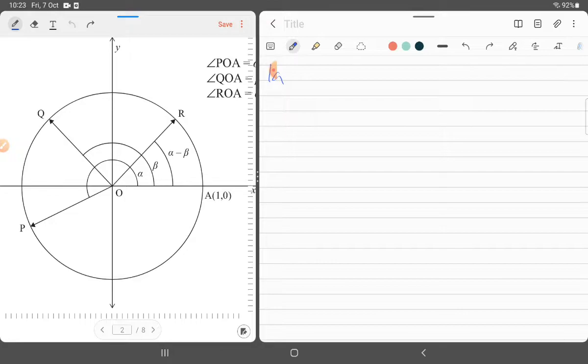We can try to find this distance PQ, and we can try finding this distance RA. So we can get two things and equate them together through different ideas.